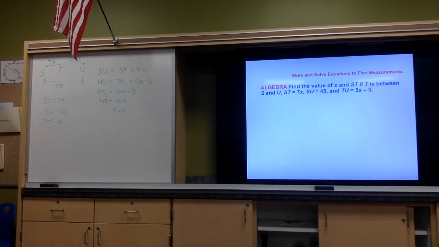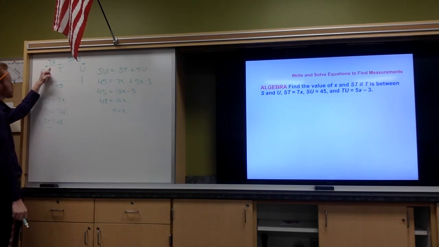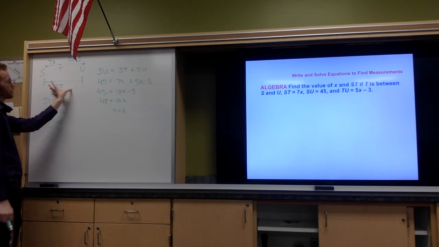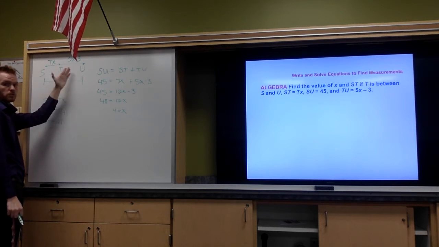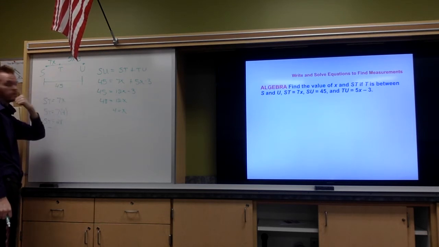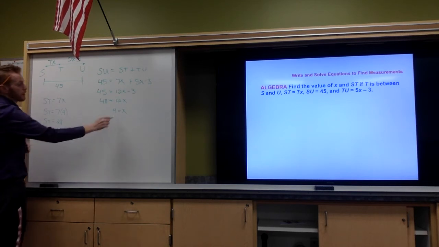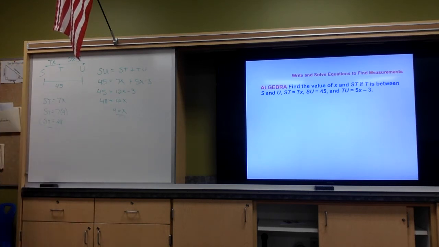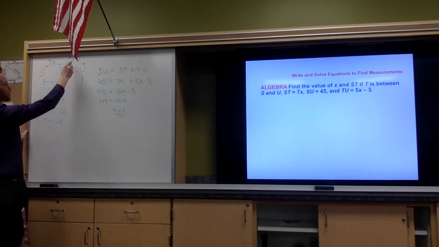Now, we should check to see if this works out, right? If this is 28, the whole thing's 45, I can figure out what this is by a little subtraction, and then I can confirm it by plugging 4 in. Let's plug 4 into here for a second.